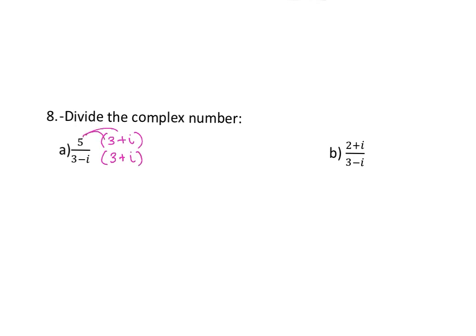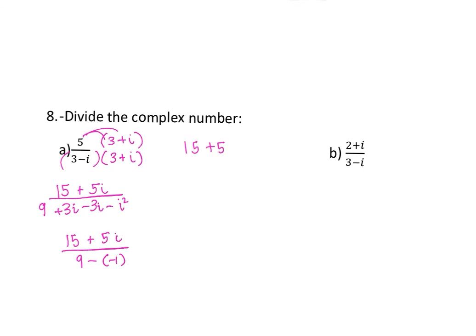So I have here 15 plus 5i divided by, let's see, I'll FOIL this all the way out. 9 plus 3i minus 3i minus i squared. Okay, so that means we have 15 plus 5i divided by 9 minus negative 1. Okay, so 15 plus 5i all over 10.